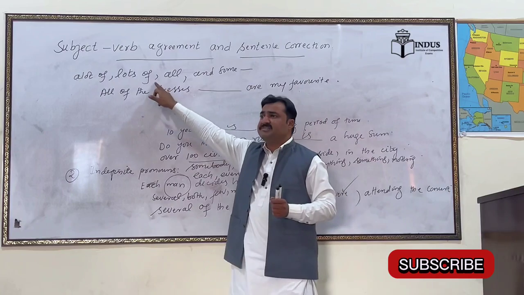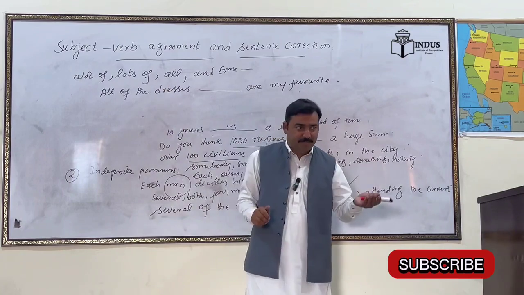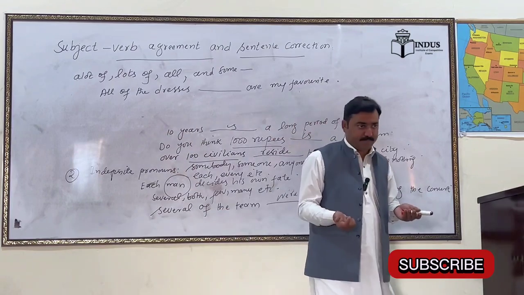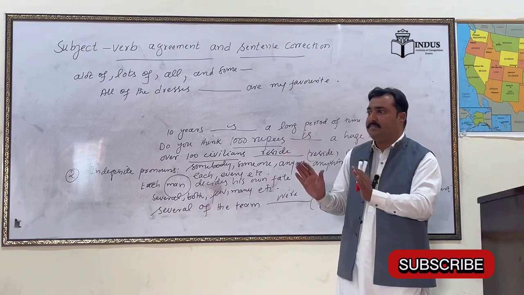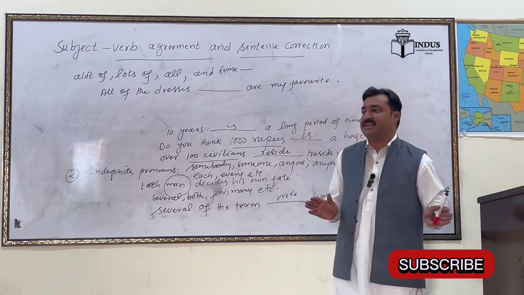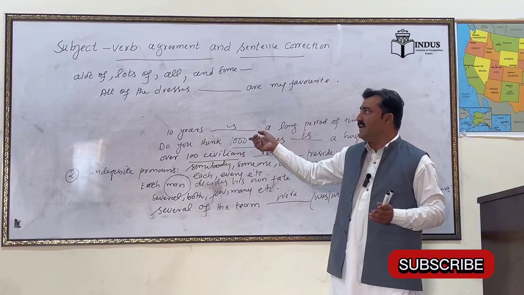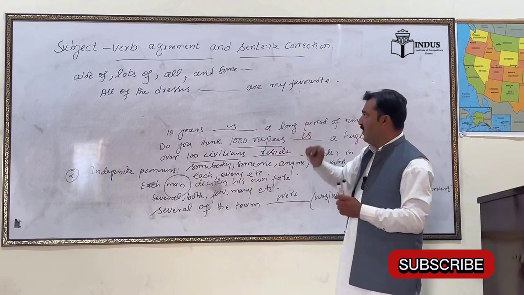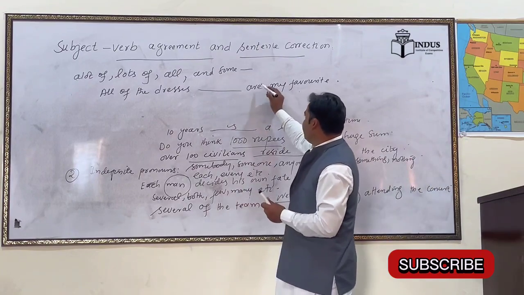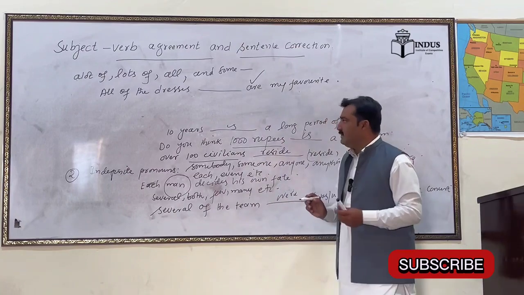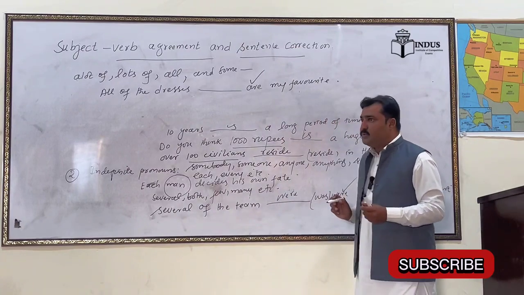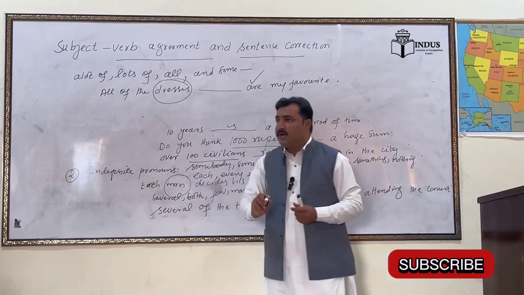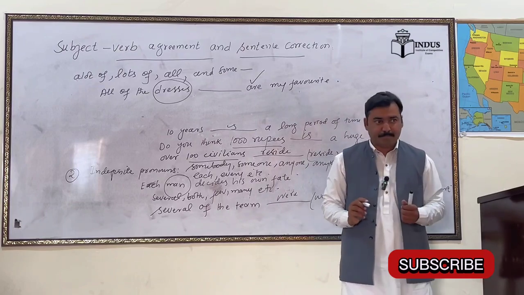We use lots of in an informal way and we use a lot of in a formal way. Both have the same meaning and the same context. One is used in an informal way and the other is used in a formal way. Okay, all of the dresses, here we will use are. Why? Because we have a countable noun with it.